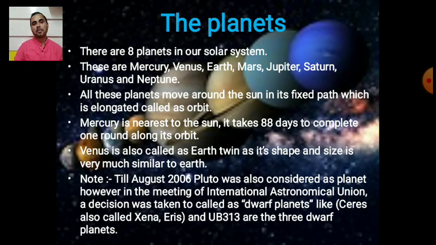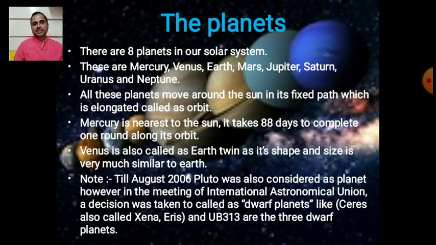Okay, then let us move to the other members of the solar system. These are planets. In the solar system, apart from the Sun, there are 8 planets, and the names of these 8 planets are Mercury, Venus, Earth, Mars, Jupiter, Saturn, Uranus and Neptune, right?